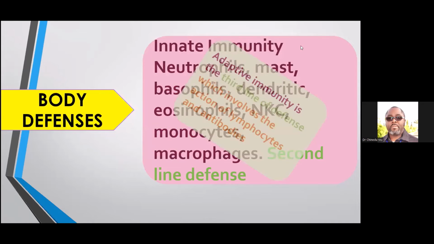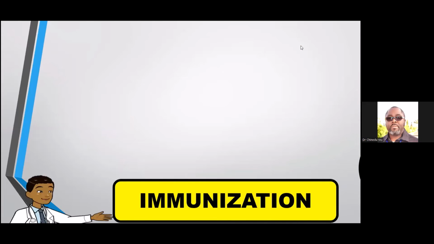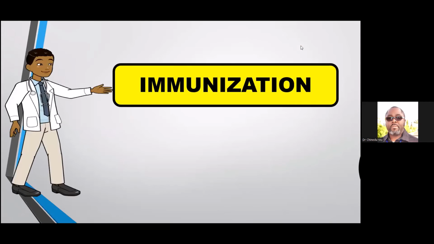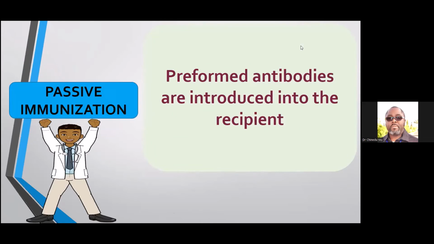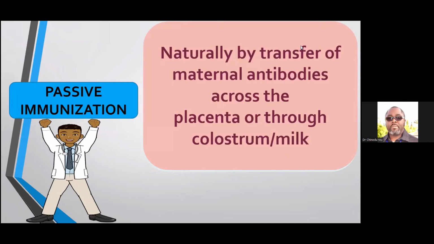Third line of defense, adaptive immunity, which involves passive and active immunity. Passive immunity involves introducing preformed antibodies to the recipient. The introduction of antibodies could be natural or artificial.